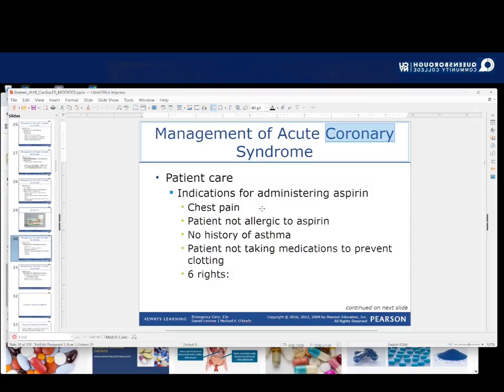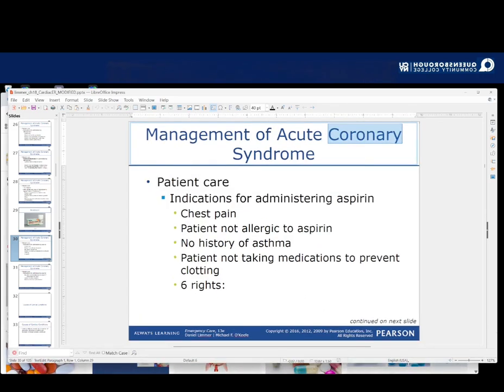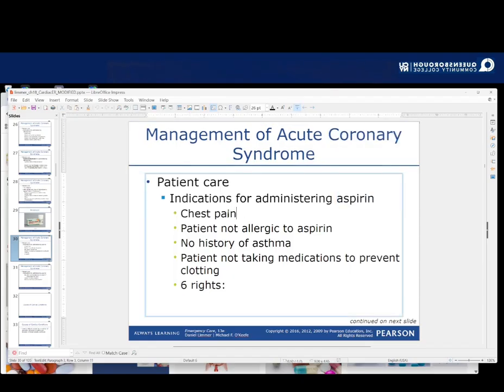You must stick to the protocol. If you want to give aspirin for any other reason, and you think it's really justified, then what you do is call medical control for permission. That's it. You cannot give aspirin for any other reason than a possible cardiac condition, and you'll know it's a possible cardiac condition because they have chest pain.